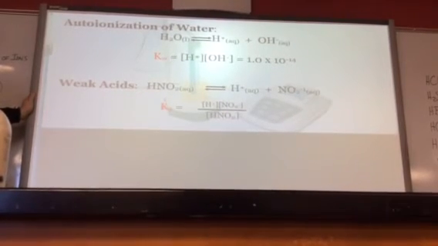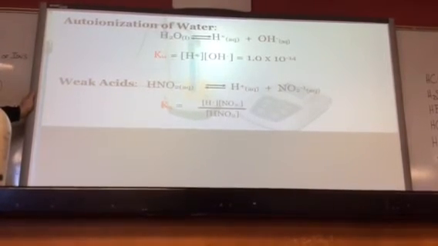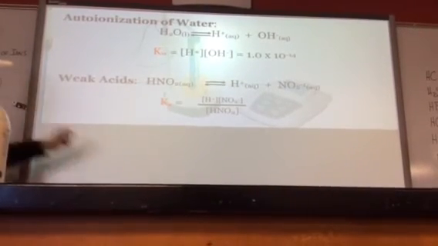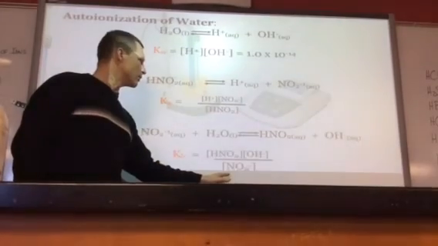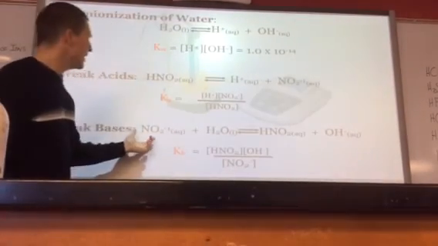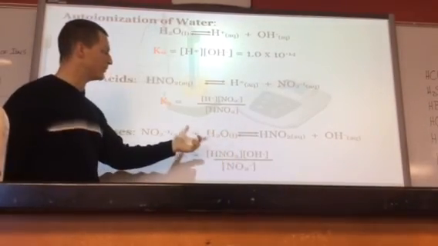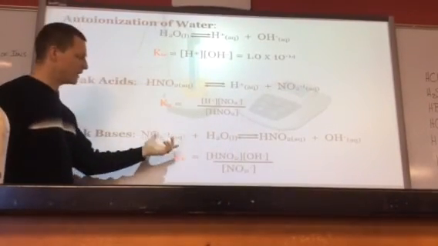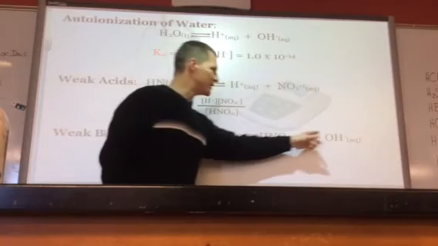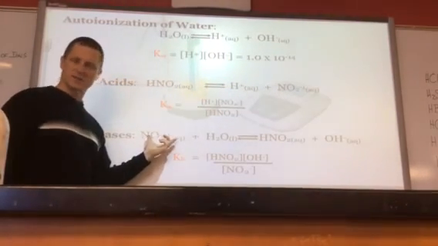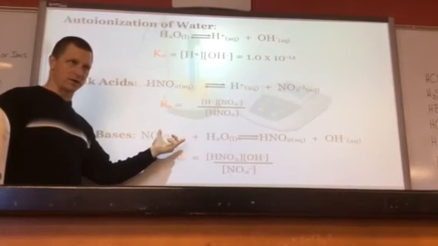Now weak bases. The weak base has water in its reactants, but the water is a liquid, so that stays out of it. So the Kb, the equilibrium constant for the bases, is always the two aqueous products divided by the aqueous base reactant. No water in the denominator.